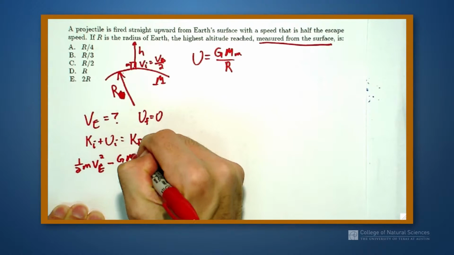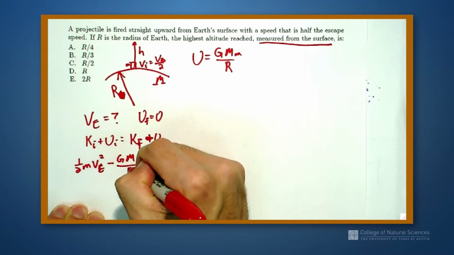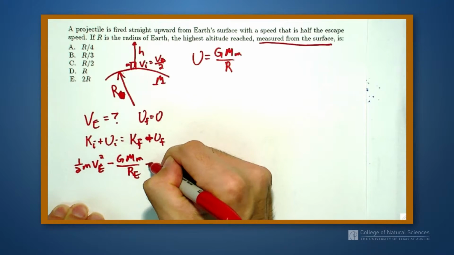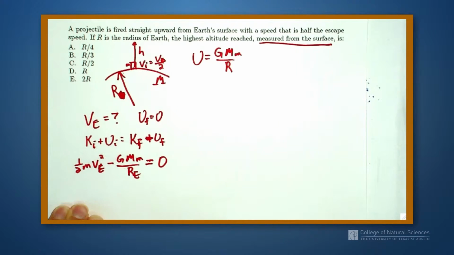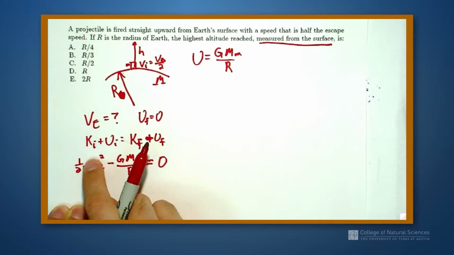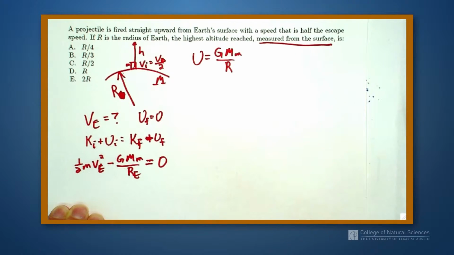So I'm going to start at the Earth's surface, and that's going to equal 0 kinetic energy at the end because I don't want to give myself extra energy. The definition of escape velocity is the minimum velocity to get there. And I know at the very end I end up at 0 potential.